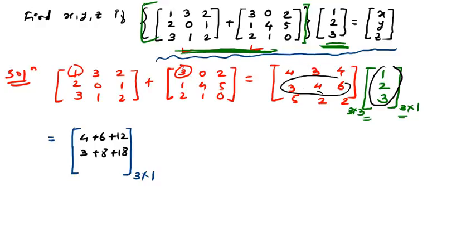Now last one, third row and first column: 5 into 1 is 5, plus 2 into 2 is 4, plus 2 into 3 is 6. So finally what we'll get: 4 plus 6 plus 12 is 22, then 3 plus 8 is 11 and 18 makes 29, then 5 plus 4 is 9, and 9 plus 6 will be 15.